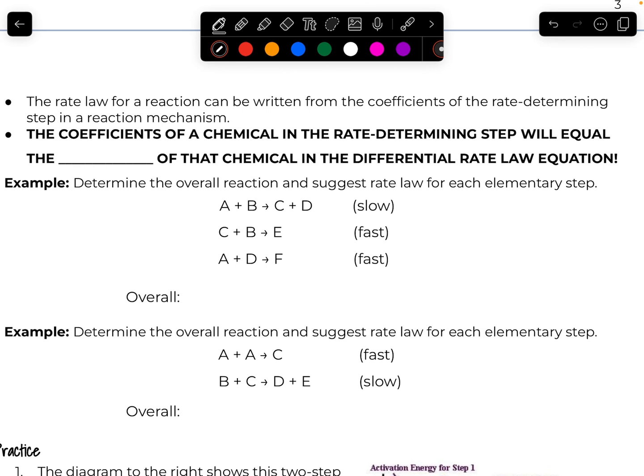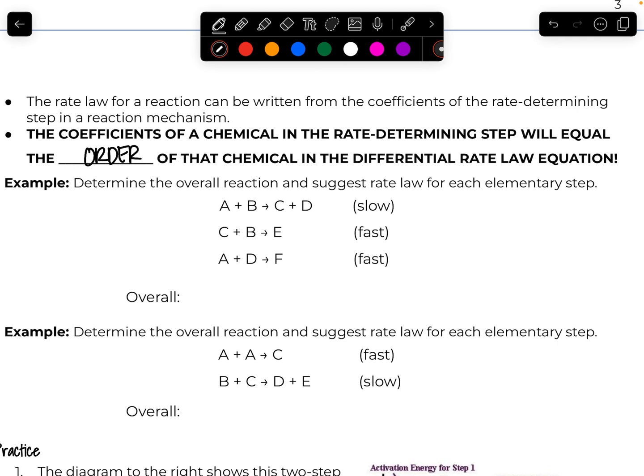So, in big bold letters, your big key idea here is the coefficients of your chemical in your rate determining step are going to equal the order of that chemical in the differential rate law equation.